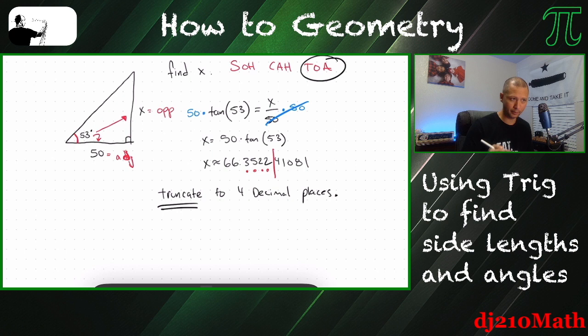That's an important thing. We just snip it off, and we don't round. So do not round. That's the language that you'll typically hear and see. All right, let's see another example.